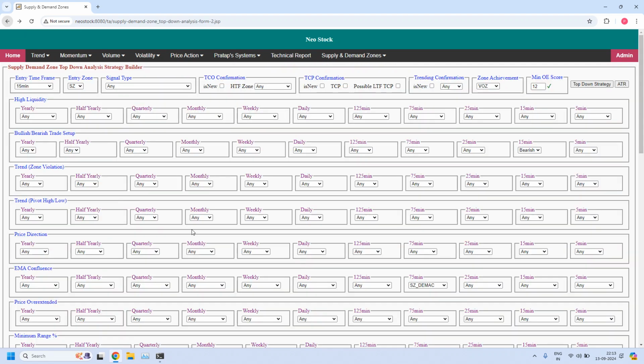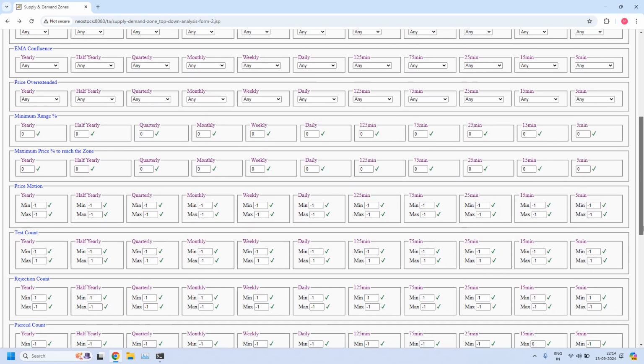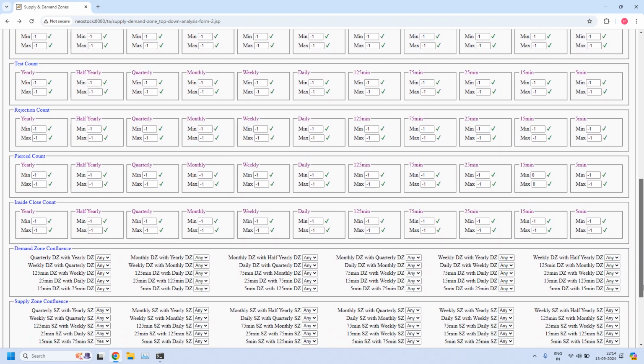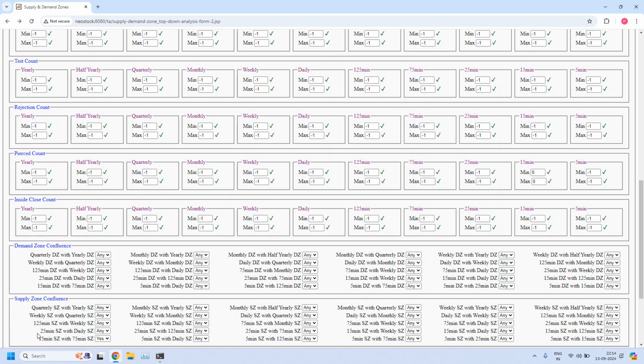So next, LTF, ITF, HTF confluence. I am removing the EMA filter. ITF, LTF, ITF, HTF supply zone confluence. Already 15-minute supply zone with 75 is enabled. Next 15-minute supply zone with daily supply zone I am selecting. And also 75-minute supply zone and daily supply zone confluence I am enabling.